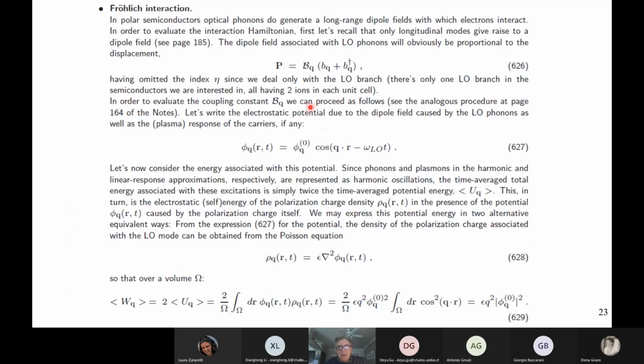Fröhlich interaction. I'm not going to go into too much detail. You have the slides, you have the text, but essentially, the major thing is, okay, we can use density functional theory today, very good, except that even density functional theory for polar interaction is a little tricky, because in DFT you use supercells or cells, and here you have to deal with a long range interaction.